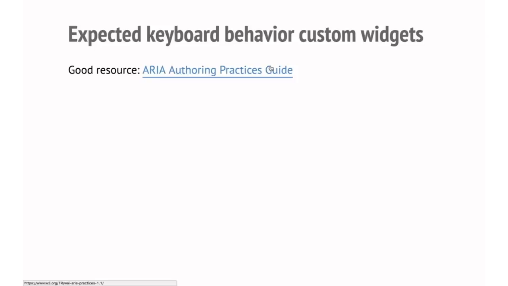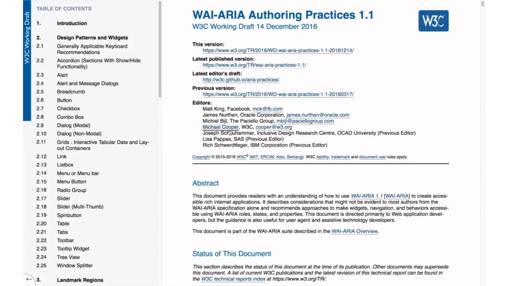But what happens when you have a more complicated widget, like for example, a custom slider or a tree view like I just showed? How do you know what shortcuts you need for that? So the best resource that I can think of is the ARIA Authoring Practices Guide, which is basically continuously in development, but in its current state it's still a very good resource.